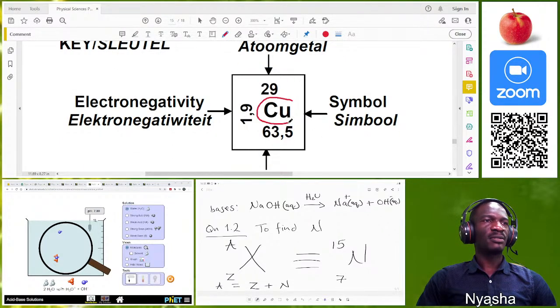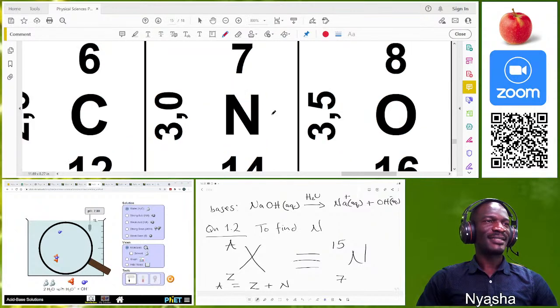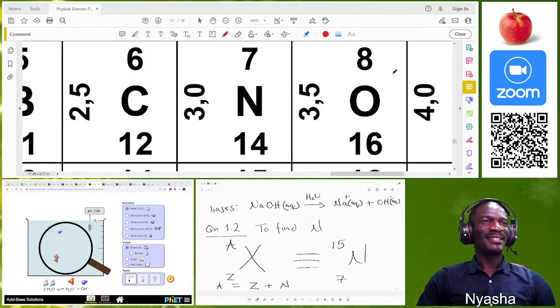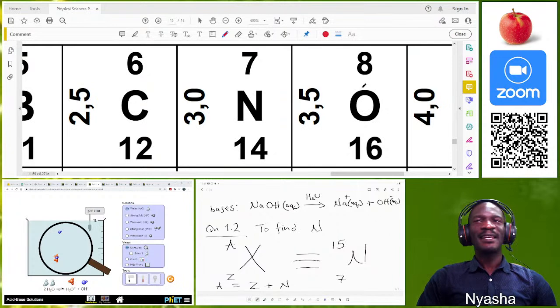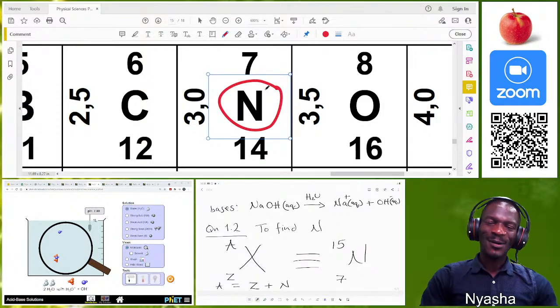So that's our symbol for the element. So I'll dash to nitrogen so that we can see some differences. Can you tell me the difference between this nitrogen in our periodic table that I've circulated and this nitrogen in our question?